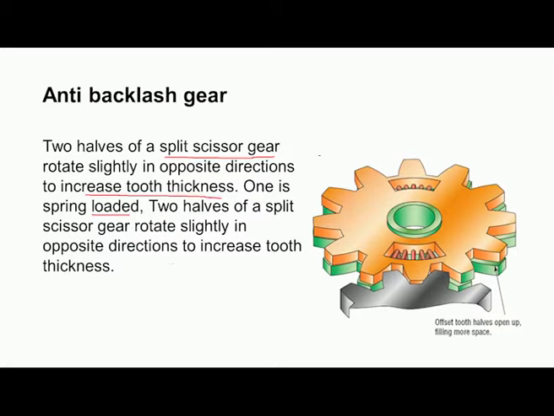I can see the diagram here, it is split. So, there is slight relative motion between one part and the other part, thereby increasing the tooth thickness. So, this is the tooth thickness. When the tooth thickness increases, it reduces the backlash.